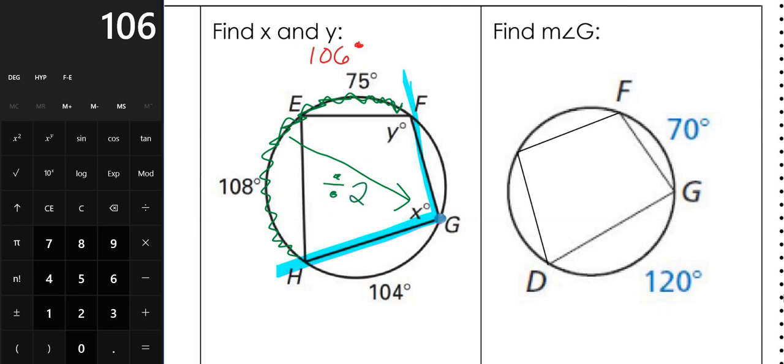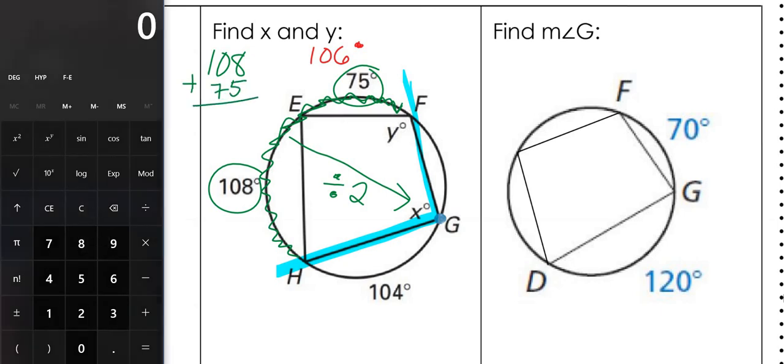So again, noticing that green outline, it's made up of 75 and 108 together. So let me add those together. 108 plus 75. Do that one on the calculator. 108 plus 75 equals 183. So 183 is the measure of the arc.